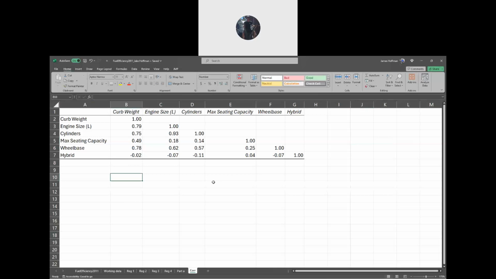So, whoa, we got some potential issues here, right? Now really what we would do, because there's multiple issues, is take the highest correlation out and then check it again. Remember, don't worry about these ones because they're correlations with each other.